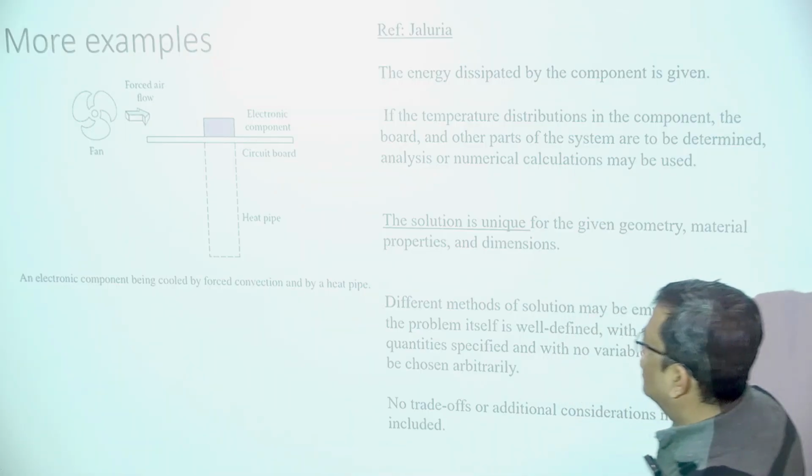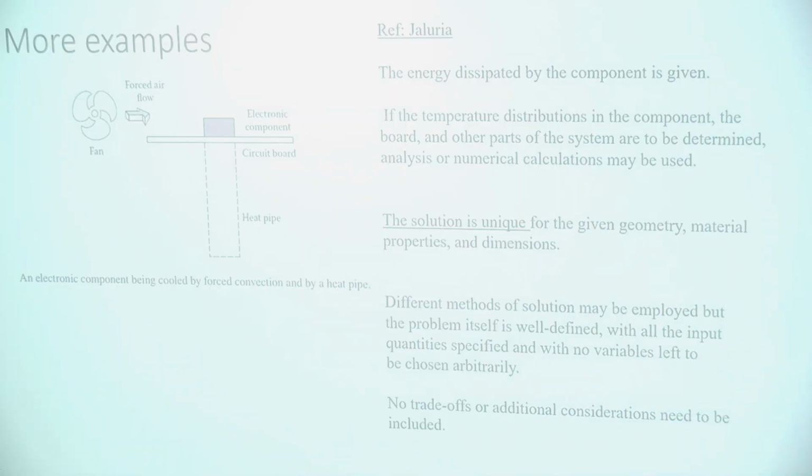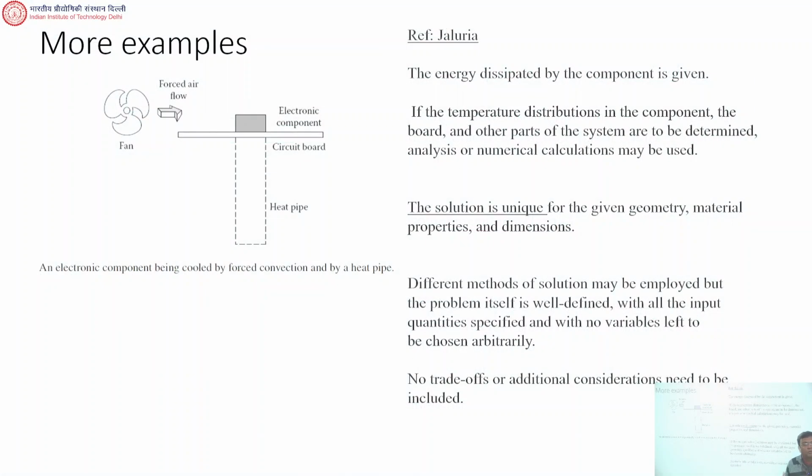So this is an analysis problem. What I just now described is an analysis problem. In other courses, fluid mechanics and heat transfer, the problem was given, flow over a flat plate. You solve this, you get a solution, that's it, finished. So that's an analysis problem.